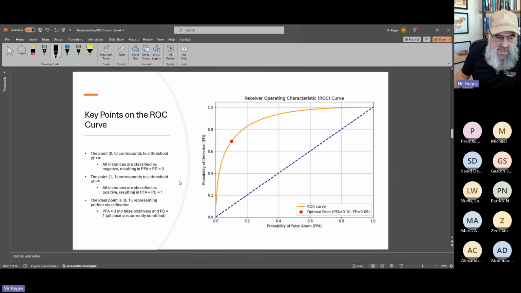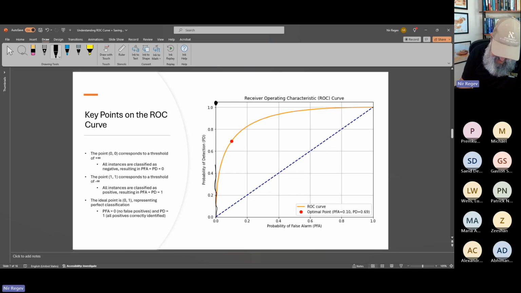Okay, and as we said before, the points (0,0) and (1,1) are a part of the ROC curve. The ideal point in which an ideal classifier will be is this point, in which we have 0 false alarm and probability of detection 1.